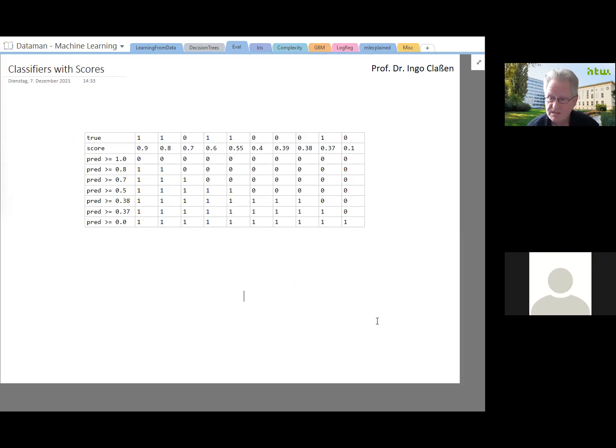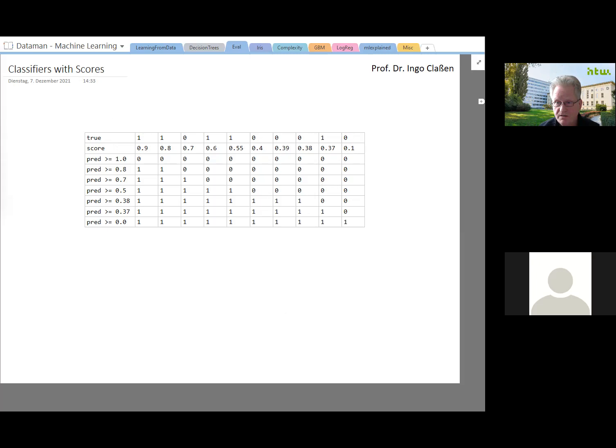Okay, so now let's talk about a classifier that delivers scores. If we look at the first row here, these are our true values, from our training data. Now let's assume we have a classifier that does not tell us if it is a 1 or 0.